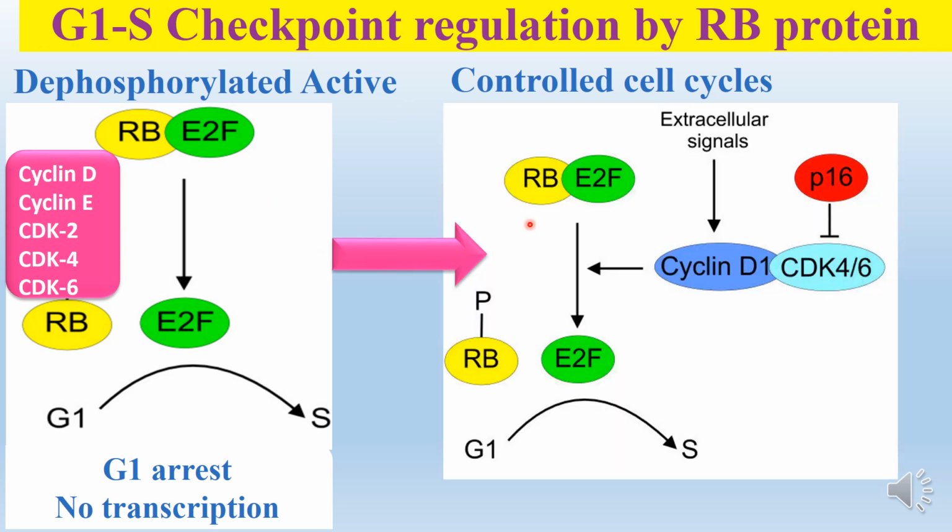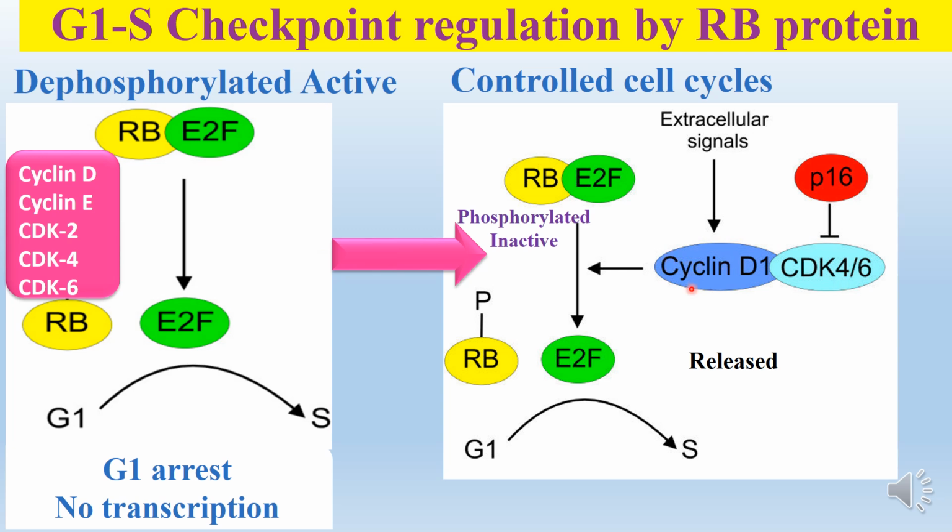Now this is the retinoblastoma protein. In the active stage, it is dephosphorylated and cell division stops. But when the cell is ready to enter the next phase, this retinoblastoma is phosphorylated by the different cyclin CDK complexes.